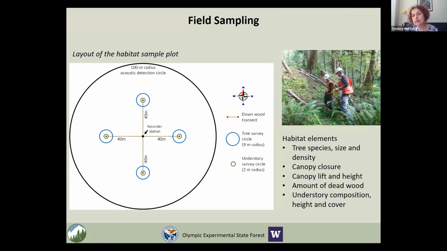We're collecting habitat elements that could be manipulated by silviculture treatments, such as tree species, size, density, canopy closure, canopy lift and height, amount of dead wood, and several metrics for understory composition, the height and cover of shrubs, as well as recording landscape characteristics later, mostly through remote sensing, known to be important to the indicator species, such as distance to edge, distance to water, and so on.